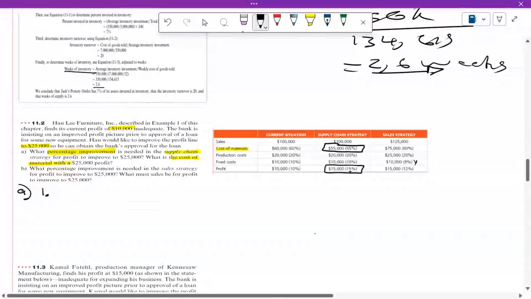So the desired profit is 25,000, 25K minus the current profit, which gives you 15K. Then now 15K, how much improvement are we supposed to make?